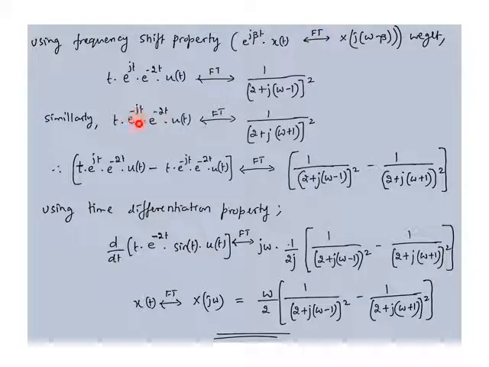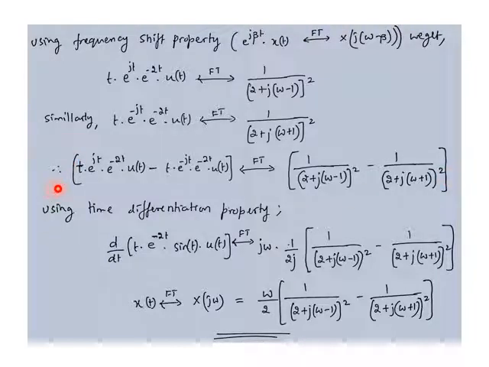Similarly, for e to the power minus jt, because in the given term we took x of t and after simplification I got these two terms. If I introduce 1 by 2j, it will be the simplified form of t into e to the power minus 2t into sine t of u of t, where 1 by 2j is missing. But t into e to the power jt into e to the power minus 2t into u of t, minus t into e to the power minus jt into e to the power minus 2t into u of t, its Fourier transform should be 1 divided by 2 plus j into omega minus 1 whole square, minus 1 by 2 plus j into omega plus 1 whole square, retained.